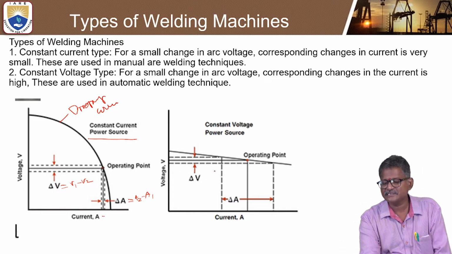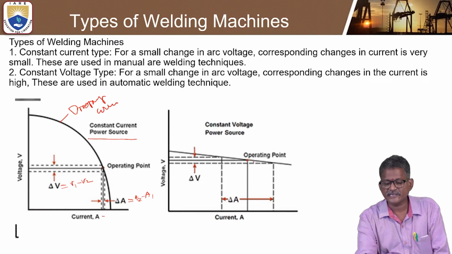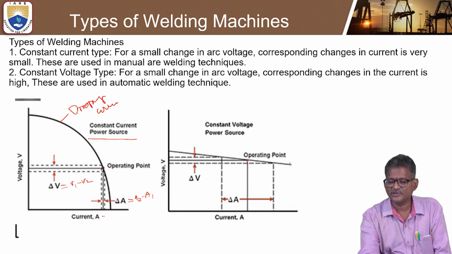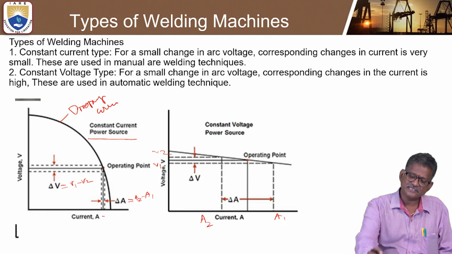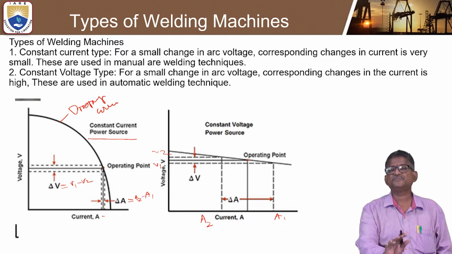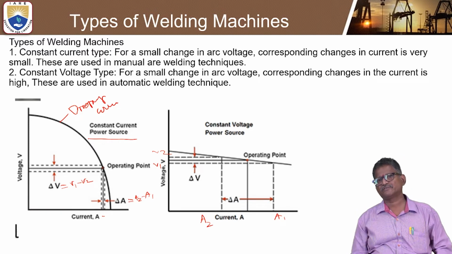You can see the operating point and the change in voltage, delta V, with V1 corresponding to A1 and V2 corresponding to A2. This is the change in current and this is the change in voltage, and that is the basic difference between a constant current power source and a constant voltage power source.